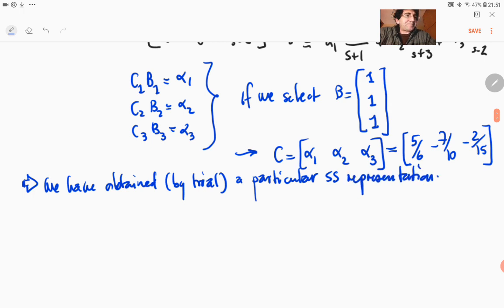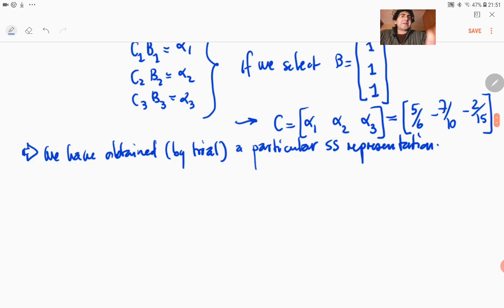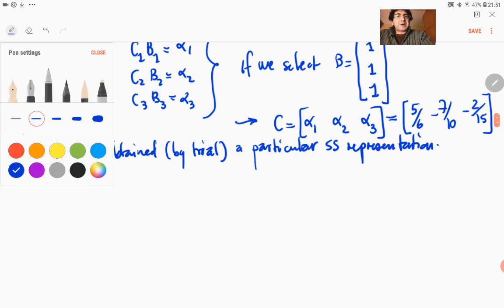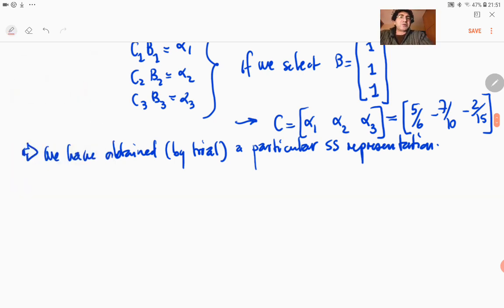Now this particular form, as well as some others that we will explore, are actually called canonical representations.